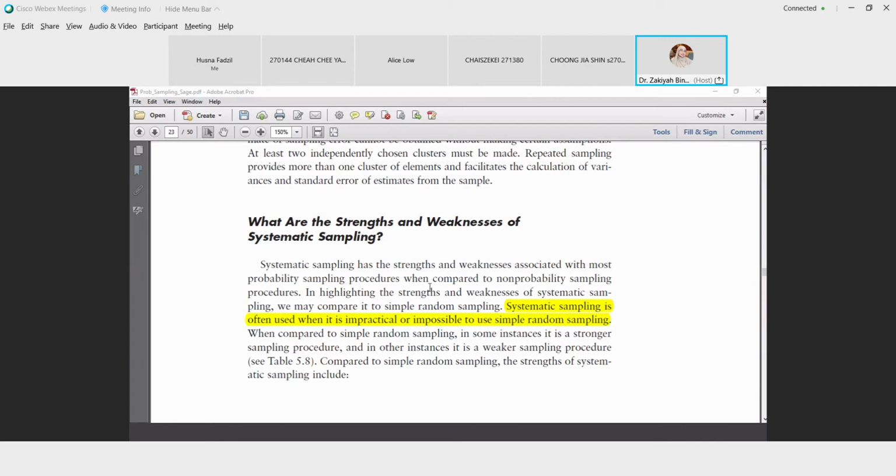Take note. Systematic sampling is most popular when it's impossible to use SRS. SRS is a very common one, but when it's impossible to use SRS, for example, you don't know your sampling frame that day. For example, traffic surveys.